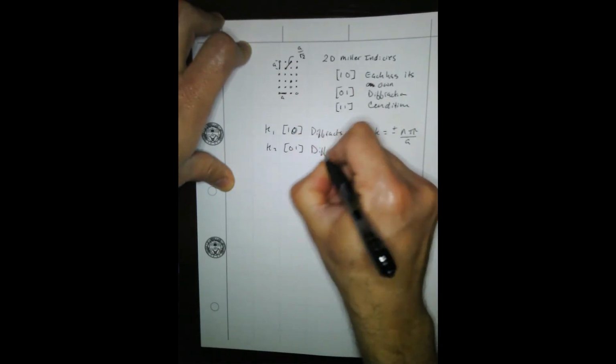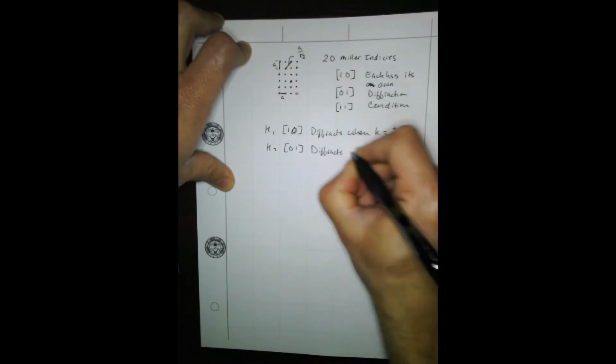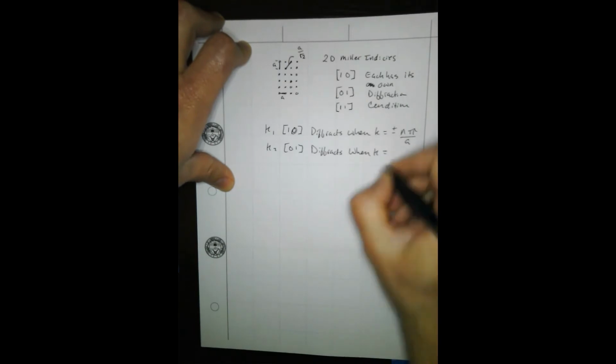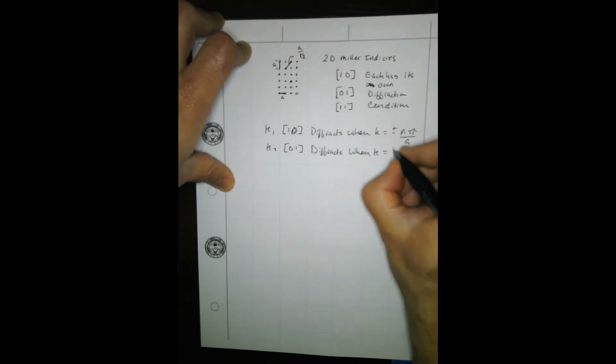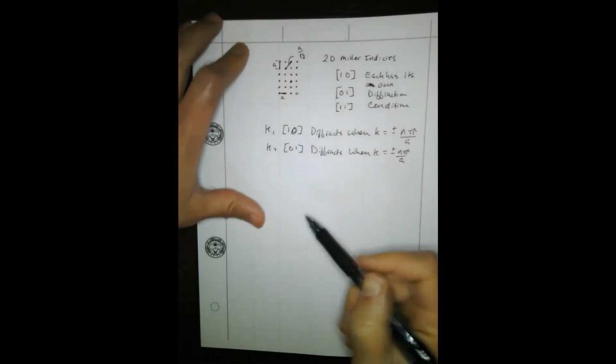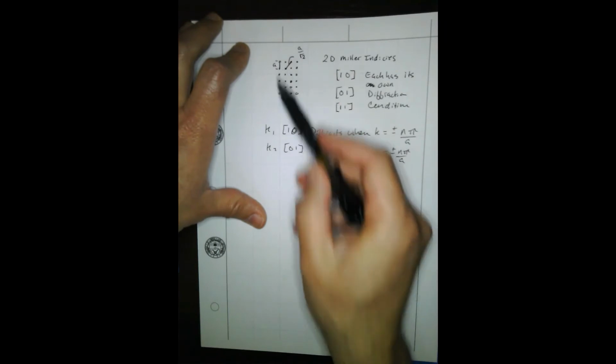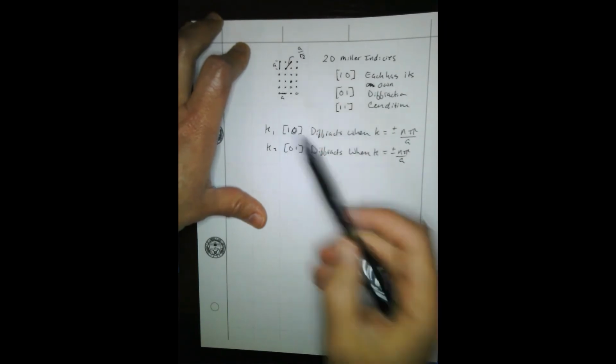This diffracts when k is equal to plus or minus n pi over a, which makes sense because 1, 0 and 0, 1 are these two guys, okay?